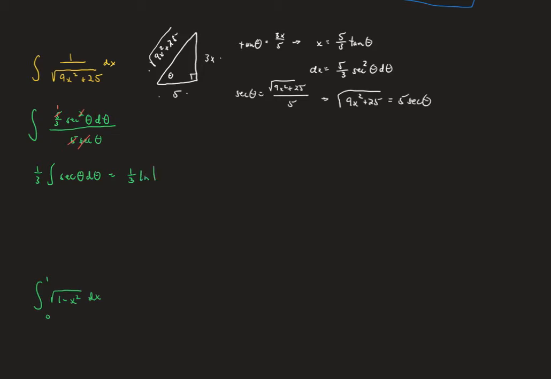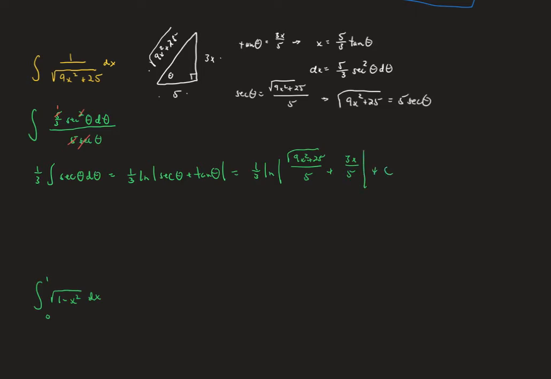It's the natural log of the absolute value of secant theta plus tangent theta. So now we're going to go back to our triangle and see that the secant of theta is the square root of 9x squared plus 25 all over 5 plus tangent theta, which is going to be 3x over 5 plus c.